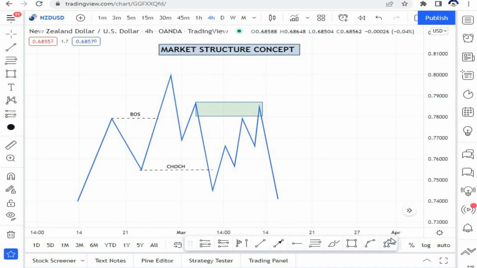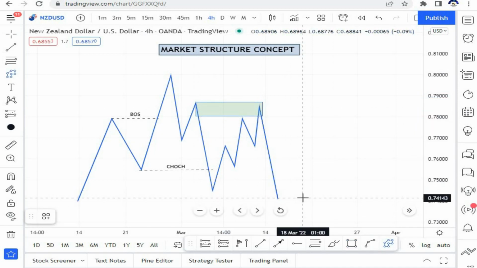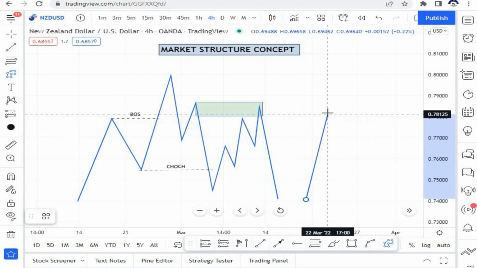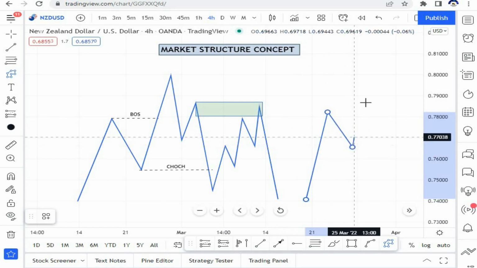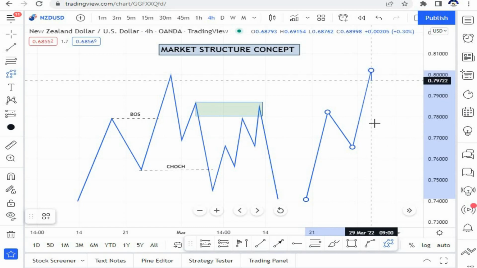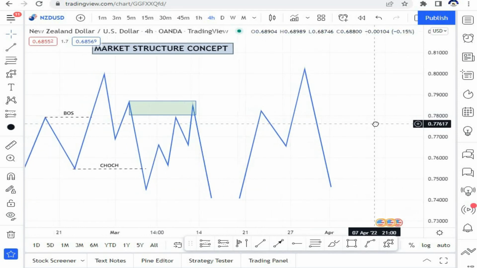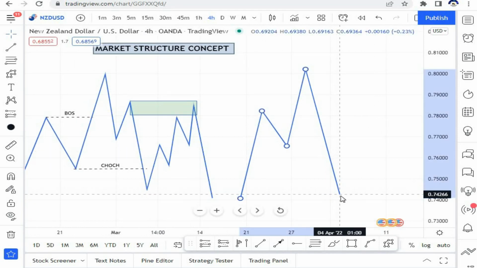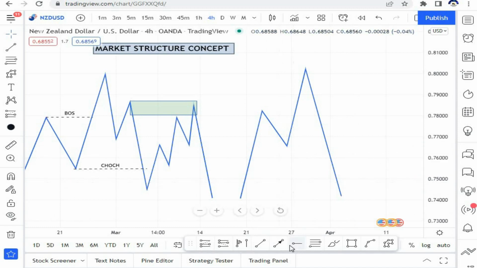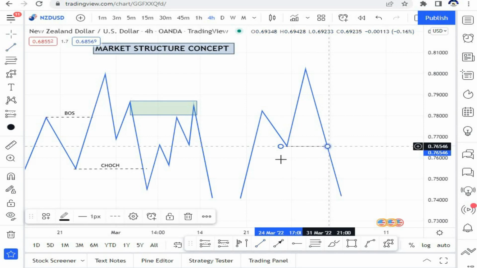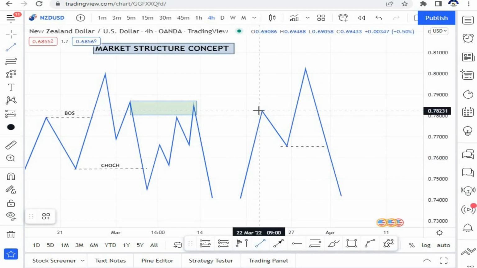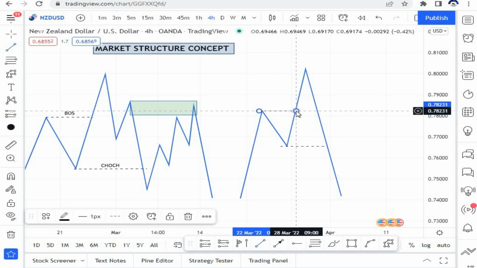Even if the price gives you something like this and does not give you any rejection, but rather breaks the structure where you were expecting the price to hold, it is still the same. This will be a break of structure and a change of character.